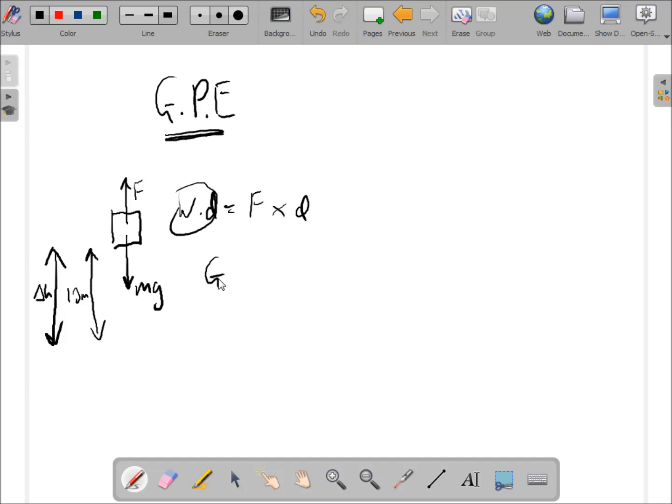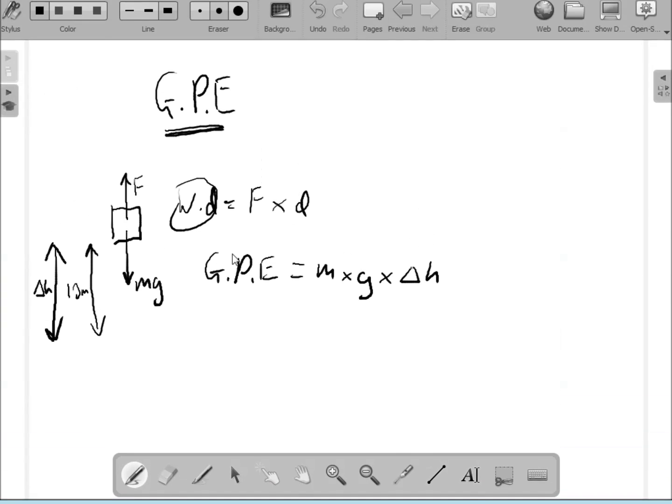So a more specific equation is: gravitational potential energy is its mass times g, the gravitational acceleration, times the change in height, the amount of height it's gained. And that's another equation that you're probably very familiar with from GCSE.